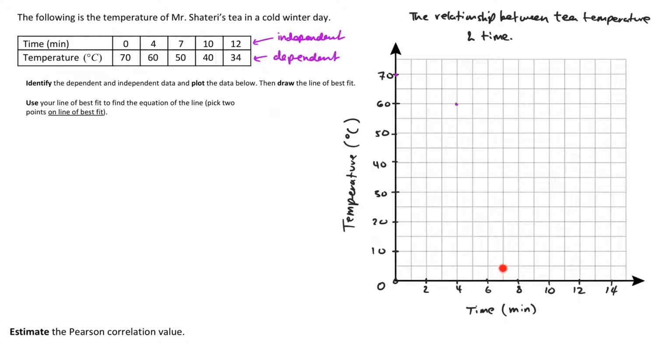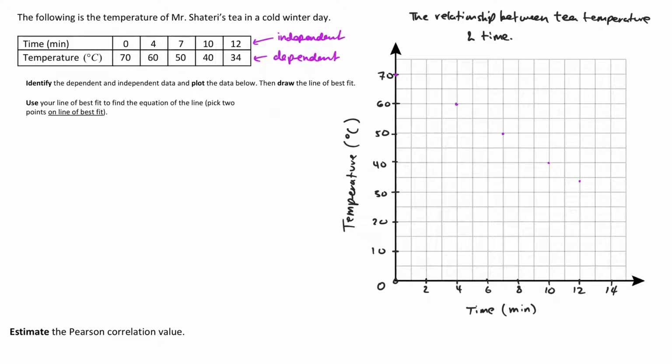When time is 7, my temperature is 50, so I will put a dot right here. When time is 10, my temperature is 40. So I will put a dot right here. And when it's 12, my temperature is 34. So 34 is approximately here, and I'm estimating this. It's not very exact.